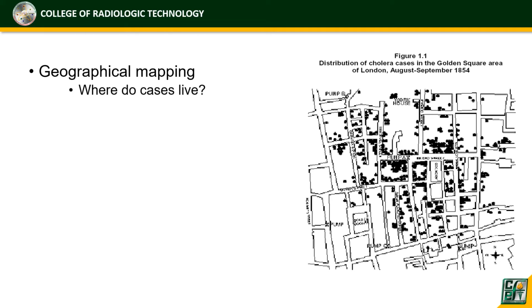So in the geographical mapping, Dr. John Snow asked, where do these cases live? Where do these cases work? And later on, napatunayan niya that the cholera outbreak was caused by the water system.